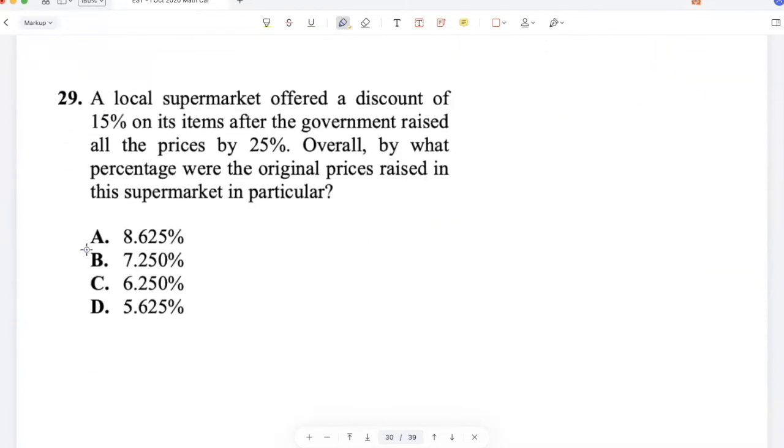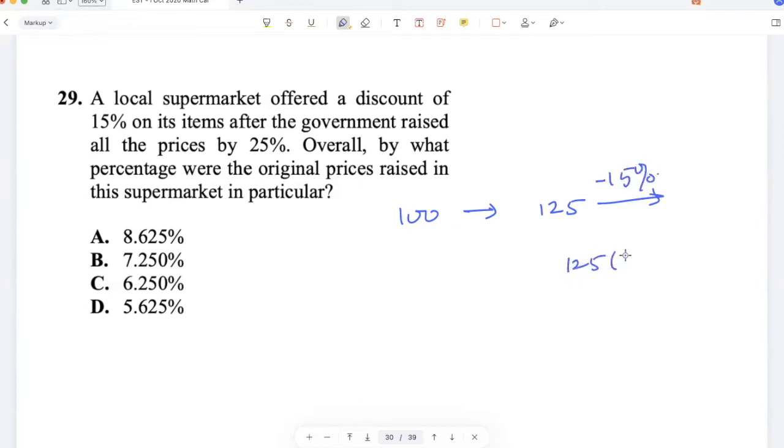A local supermarket offered a discount of 15% on its items after the government raised all the prices by 25%. Overall, by what percentage were the original prices raised in this supermarket in particular? Okay, so let's say the original price was 100. The government raised it by 25%, so 125, and then the discount was 15%, so minus 15% of this.